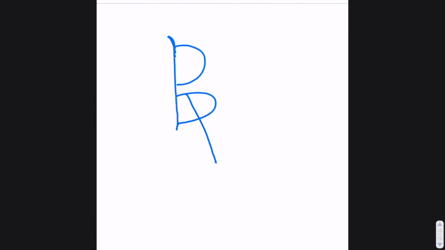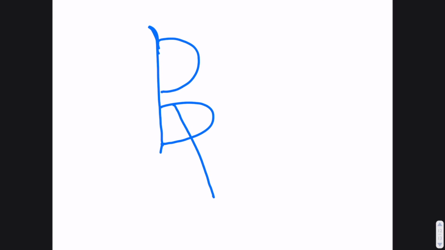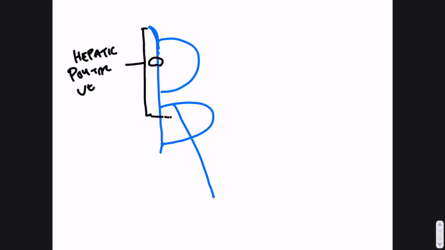So again, we're going to go through and label all this stuff here. I'm going to draw a line here. That's not a label. That's just a line kind of separating some things. I can kind of just show where I'm trying to outline. This is what we call the hepatic portal vein.